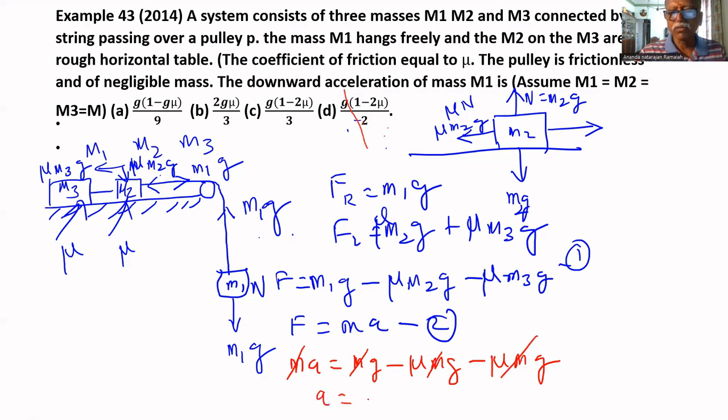Therefore, A equals G into 1 minus 2 mu divided by M.